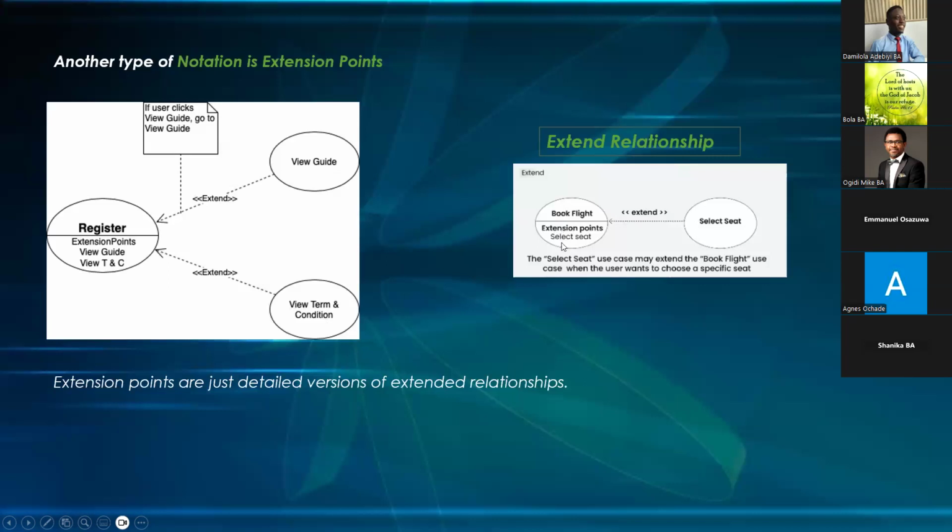Okay, let's move back to the flight example which we've seen. You want to book a flight. Say you don't understand how to book the flight, so you need help. Or say you've booked the flight, but at the time you are booking the flight, they ask you if you want to select your seat.